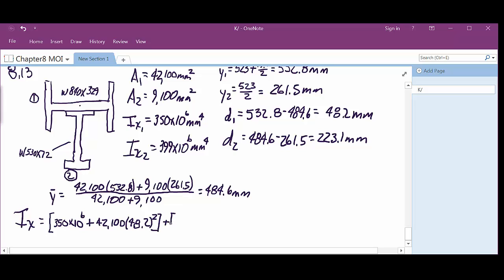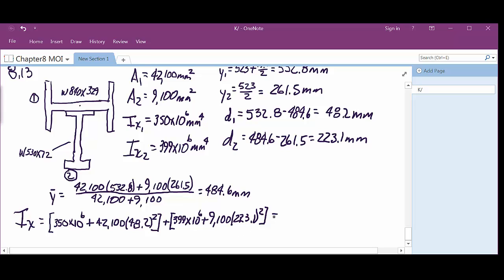Plus the moment of inertia for the second piece, 399 times 10 to the 6th, plus the area of the second one, 9100, times D2, which was 223.1, and that has to be squared, the D value does.